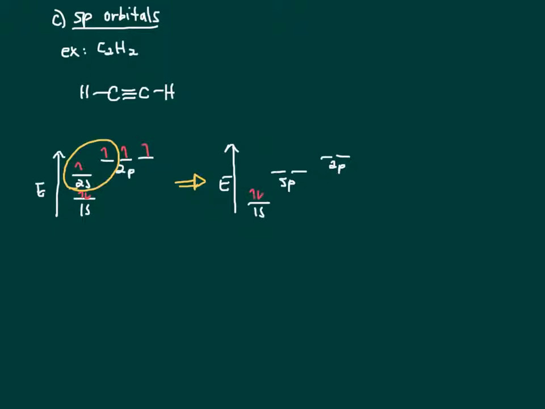Of course, nothing happened to our 1s orbital, because nothing happens to the 1s orbital since it's not valence, right? And you end up with your hybrid orbitals right here. So there's your sp hybrid orbitals, and of course your unchanged atomic p orbitals that didn't hybridize.